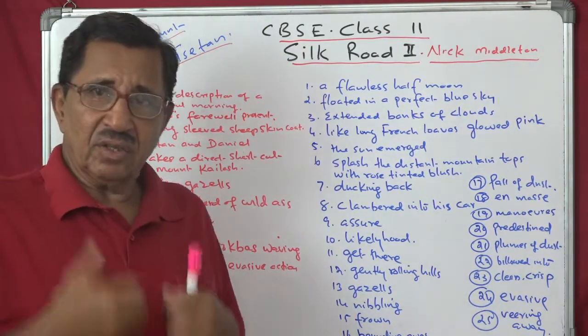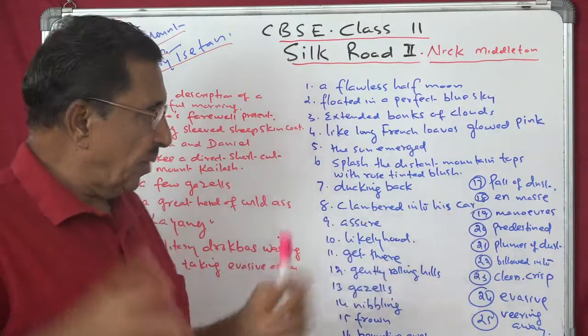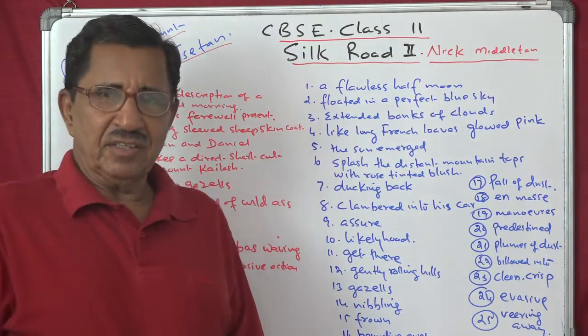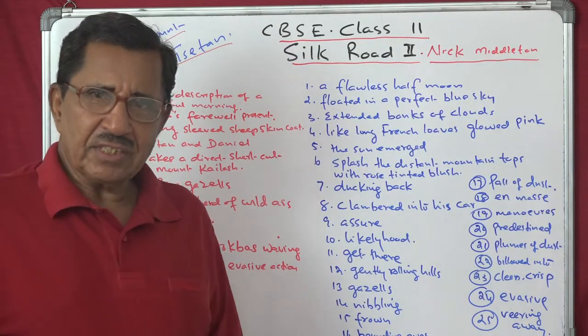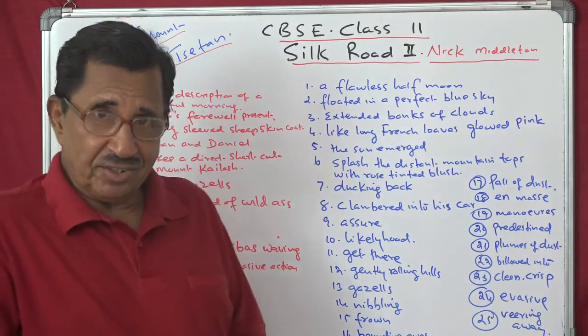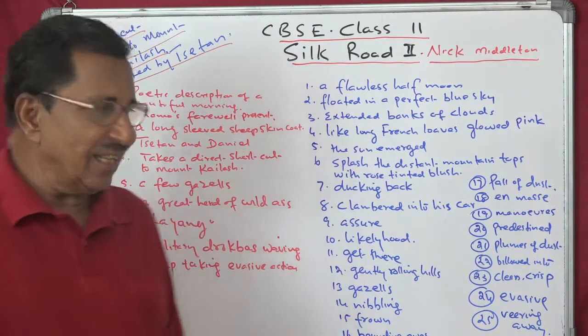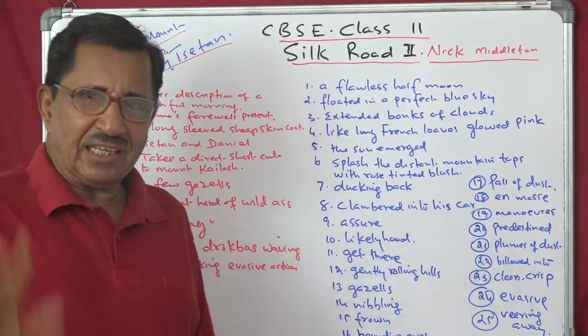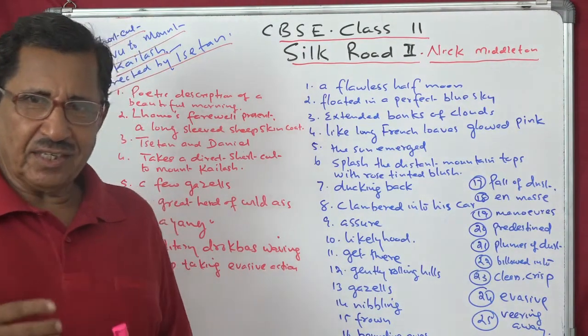En masse means the whole, the entire group. Maneuvers means skilled movements. When you see snakes, you will think that they are making maneuvers. It's skilled movement, but actually it is their instinct. Predestined means fixed early. It is said that our future is predestined.